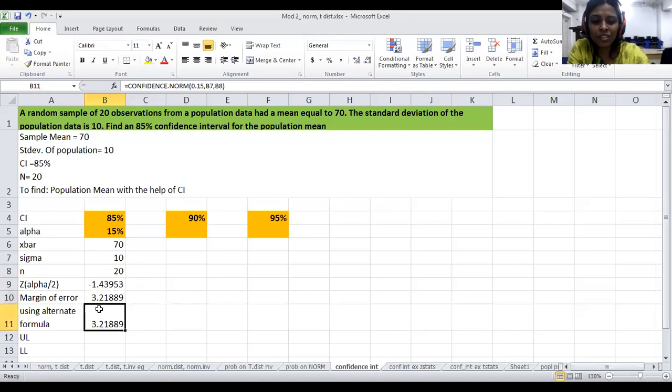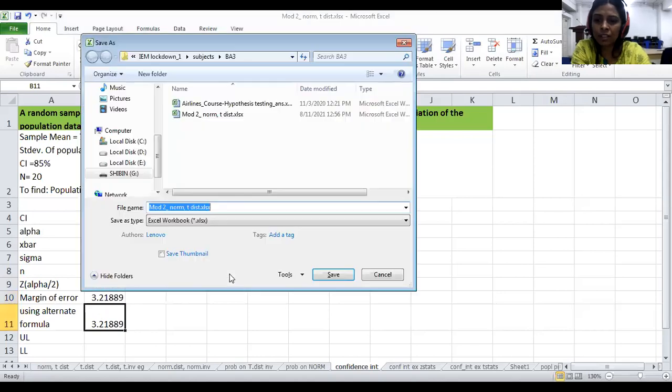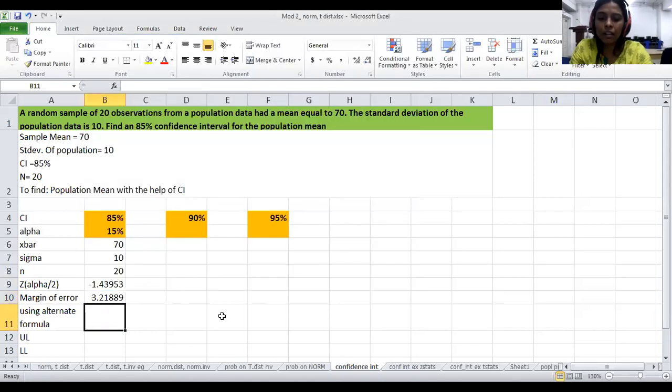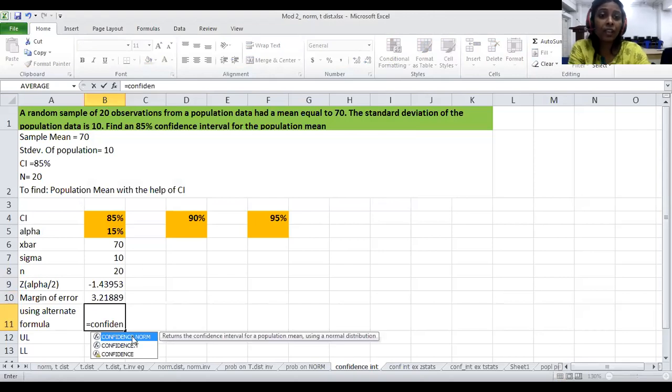You can use confidence.norm. In some Excel, you will not have this, okay? If it is a lower version of Excel, you might not have confidence.norm. In that case, you will have to make use of these two steps to calculate your margin of error. Those versions of Excel which has confidence.norm, you can straight away go ahead and use this.